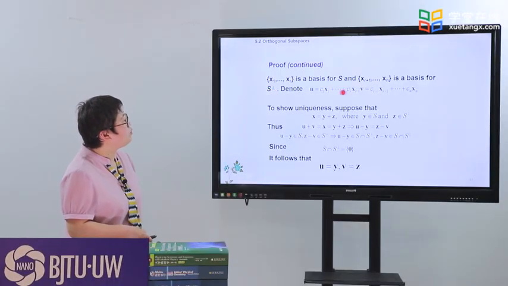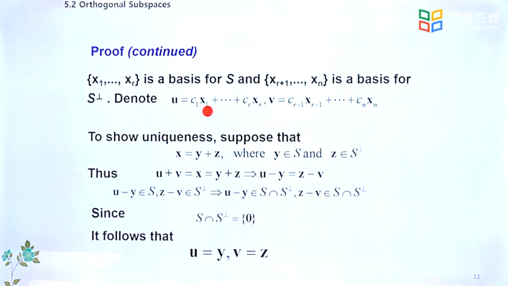We denote u as a linear combination of x1, ..., xr, and v as a linear combination of x(r+1), ..., xn. Then u belongs to S and v belongs to S orthogonal complement, and x = u + v.